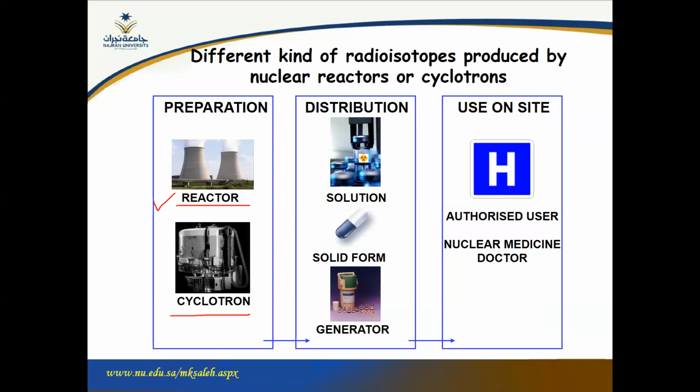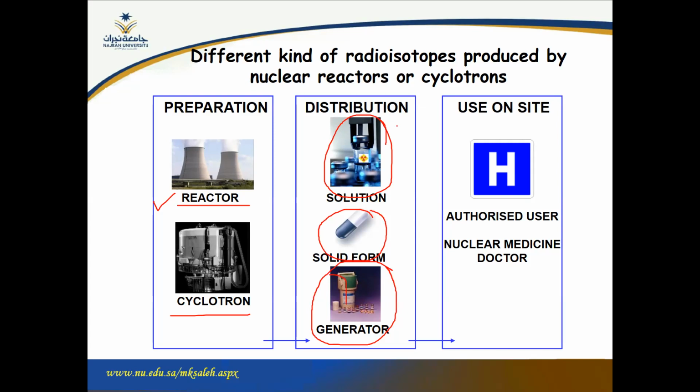They are distributed and produced in different forms: in solution, in a solid form like a capsule, or in a radioisotope generator. And I think we spoke last lecture about the technetium and molybdenum generator, and we understood how we can produce technetium from the generator.